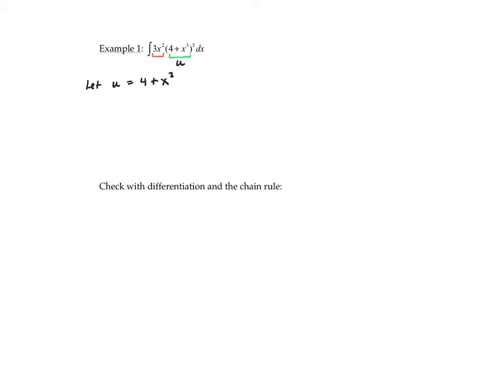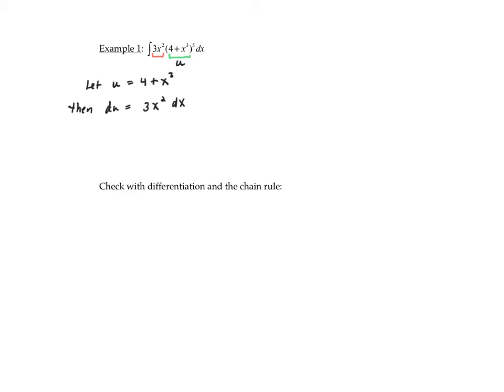So since u is equal to 4 plus x to the third, then that means that du, the derivative of u, would be equal to 3x squared dx. Because on the right-hand side, we're taking the derivative with respect to x. So we're not writing it du over dx. So we have 3x squared dx.